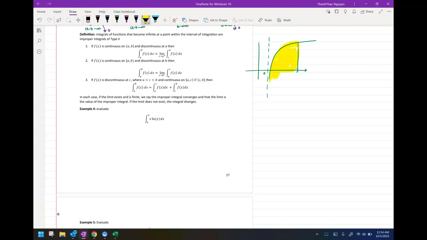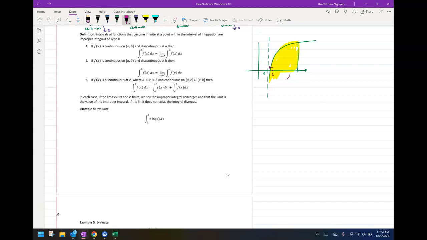Now notice that since we have a discontinuity at a, I can have an arbitrary point c, as c approaches a. So c can come as close to a as possible but not be a.